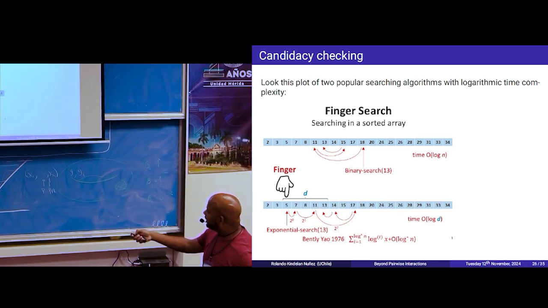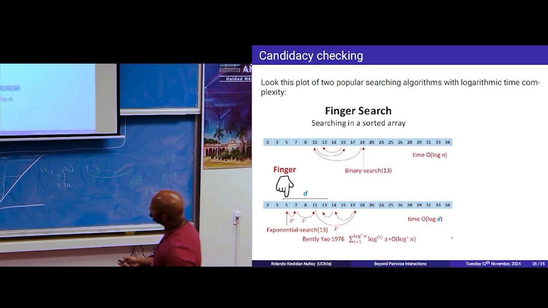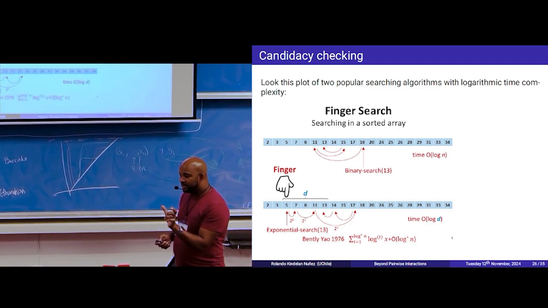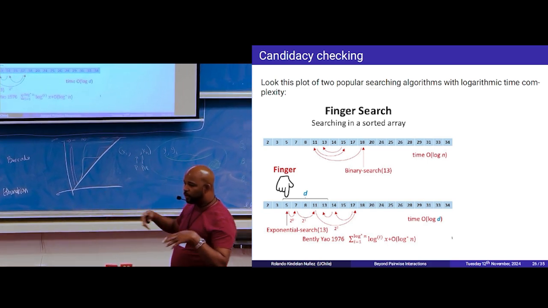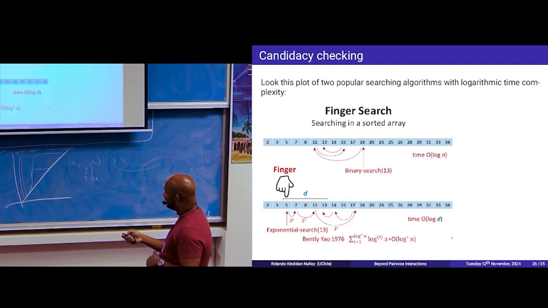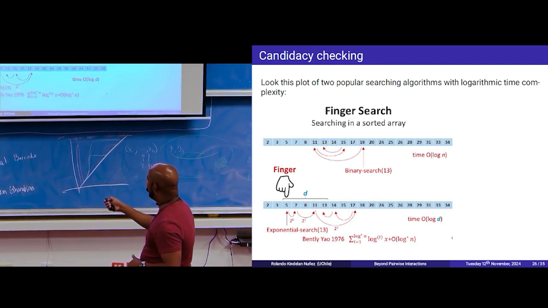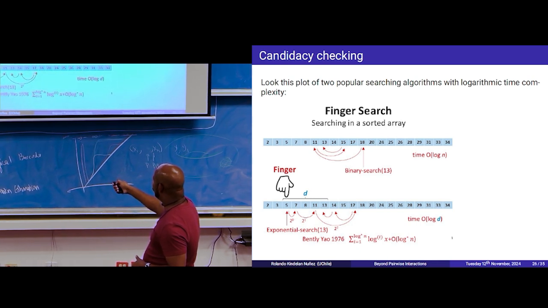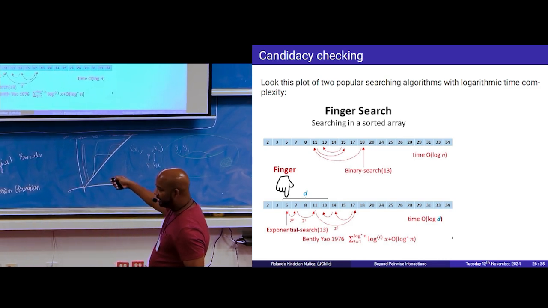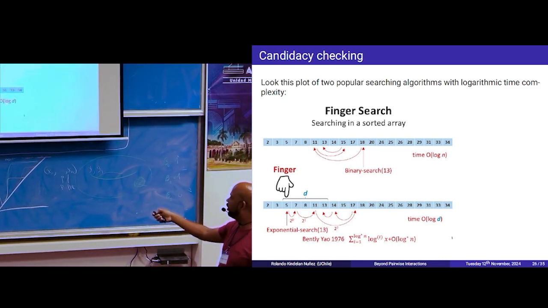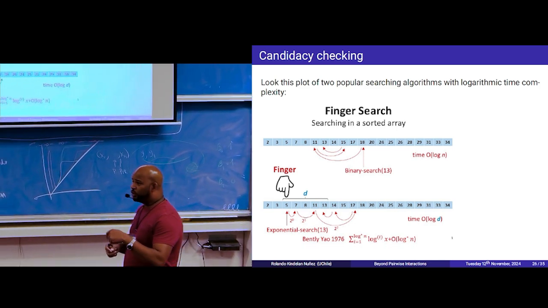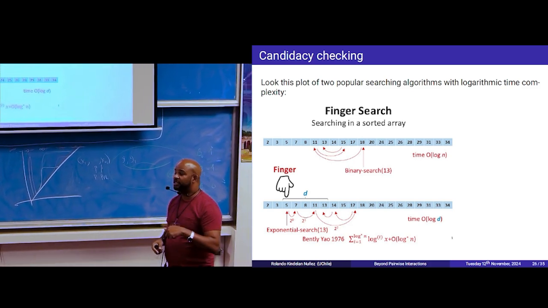But the other algorithm does something different. The exponential search algorithm finds the interval where it's better to perform binary search. Basically, it starts multiplying, and when it finds an element higher than the target, it will execute binary search in that small area, giving rise to a complexity of log d, where d is the position of the element that we want to find, even if the element is not present.